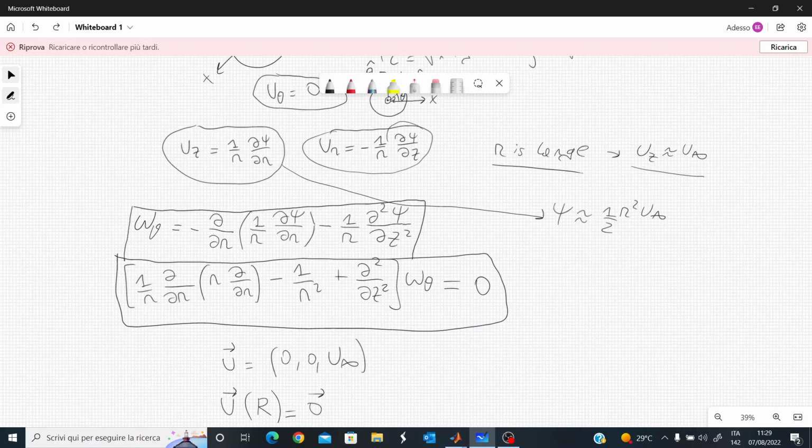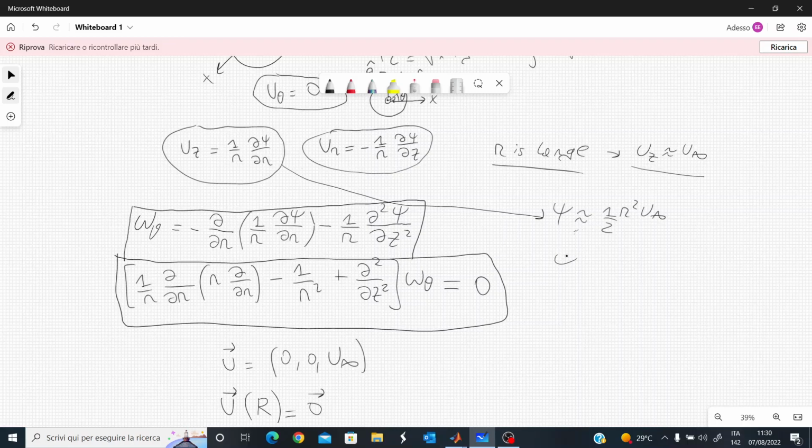So since ur is 0 when r or z are very large, so if we are very far from the sphere, and we keep r constant and vary z, then ur should be 0, and therefore the derivative of psi over dz should be 0. So it means that psi should be a constant with respect to z when both z and r are very large.